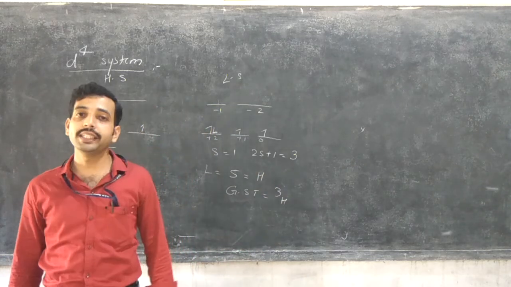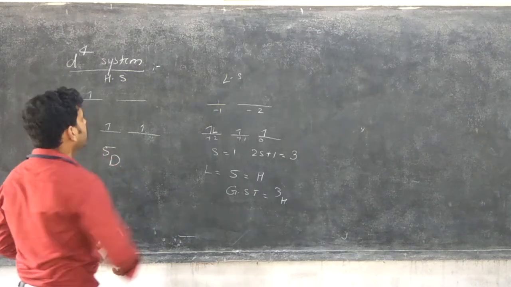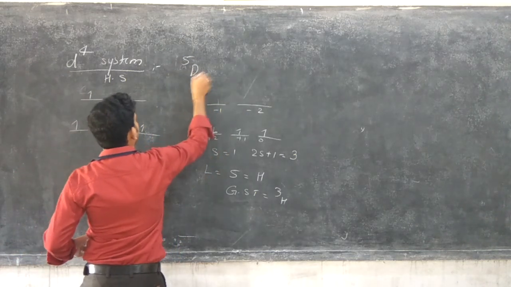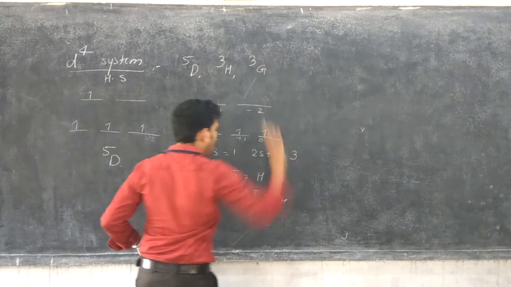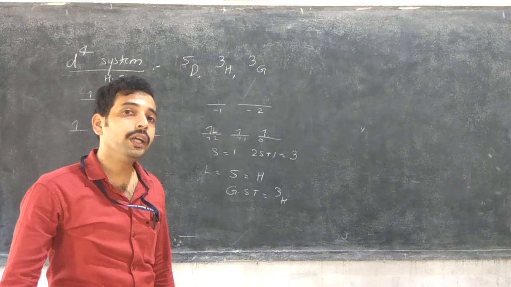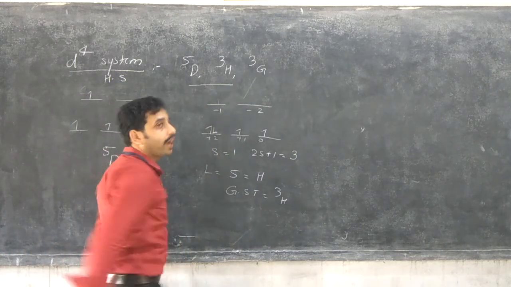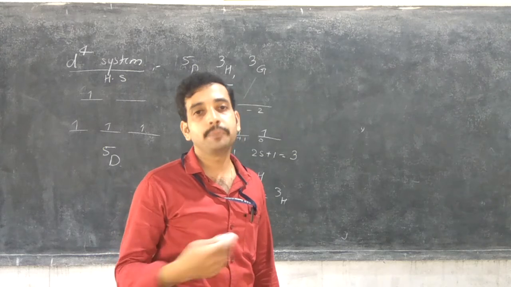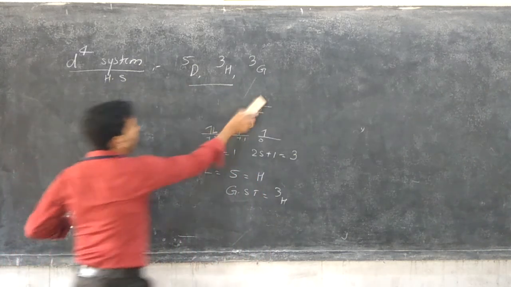Other Russell-Sanders terms are written as, in the lowest 5D, and next is 3H, and next is 3G, and so on. But out of the other Russell-Sanders terms, we consider 5D for high spin cases and 3H for low spin complexes. Just move on to the Tanabe-Sugano diagram of the D4 system.